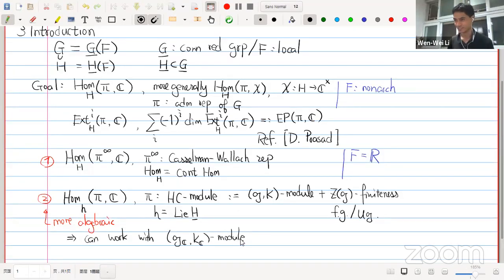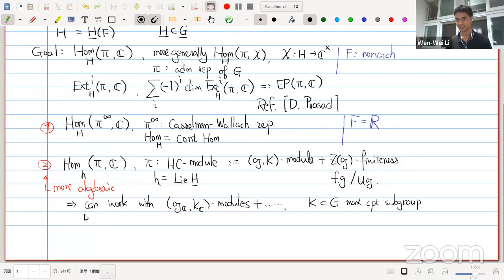Sorry, my notation is somehow chaotic. Plus the same conditions. Of course here K is some maximal compact subgroup, defined by a Cartan involution. Since this is an algebraic definition, in the second case the Ext-analogues are also easier to define. So you can also consider Ext-analogues.